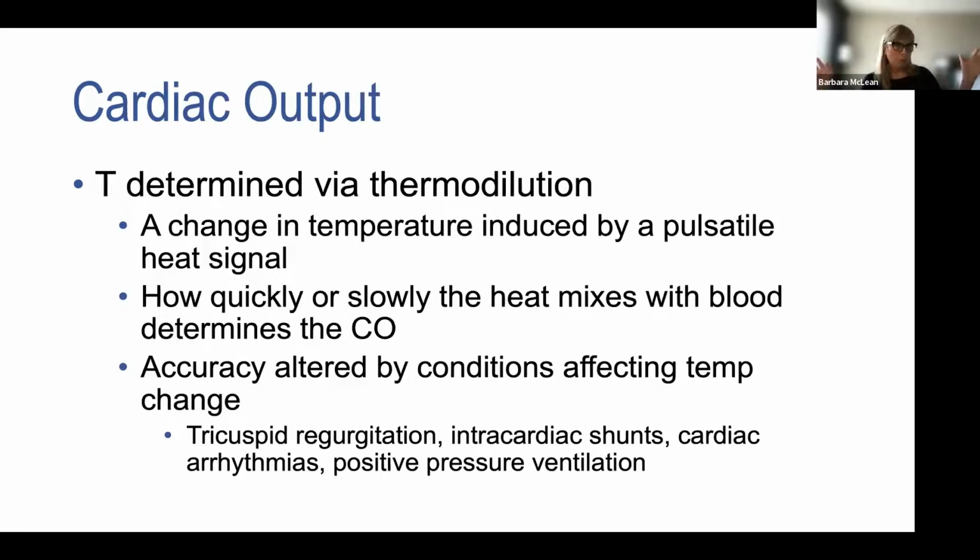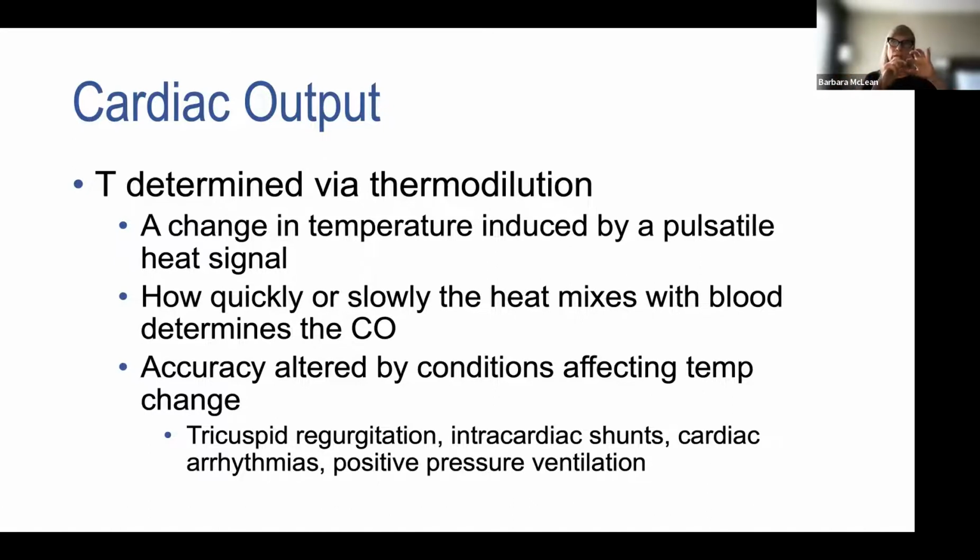Okay, so guess what? CO is still determined by thermal dilution, but before we used cool fluid as our indicator, now we're going to pulse heat into the blood, and that's going to be done by a thermal filament on the PA catheter. That thermal filament actually transitions from the right atrium into the right ventricle with a small amount in the pulmonary artery.